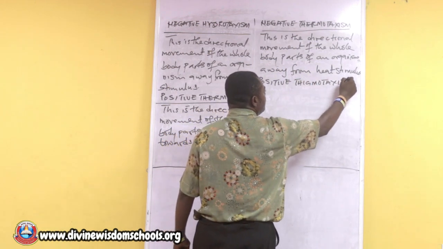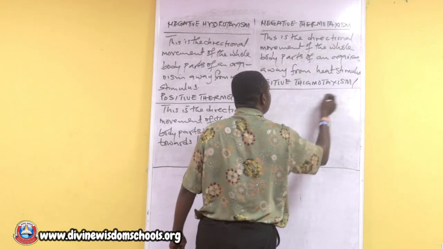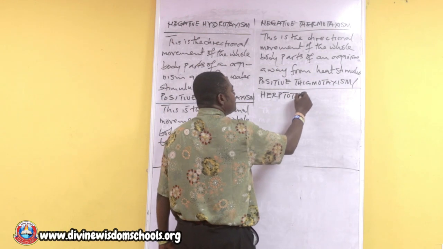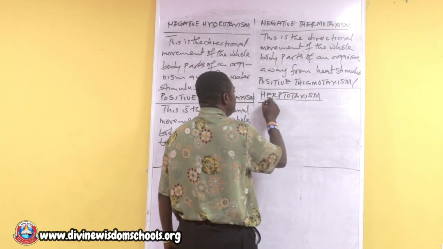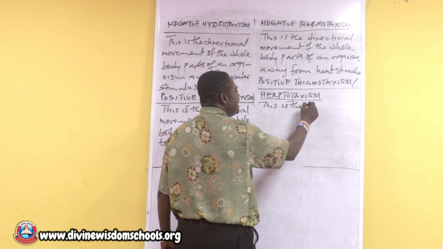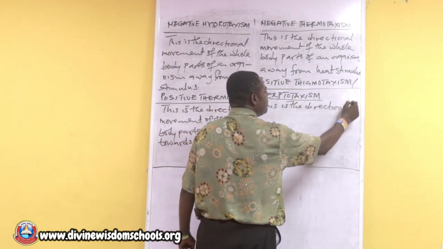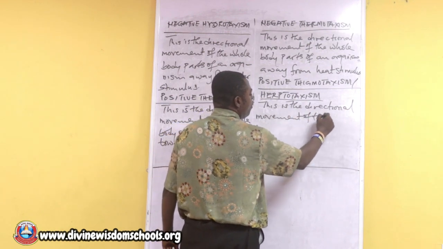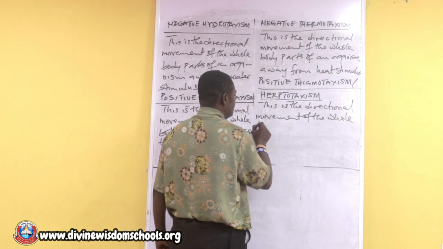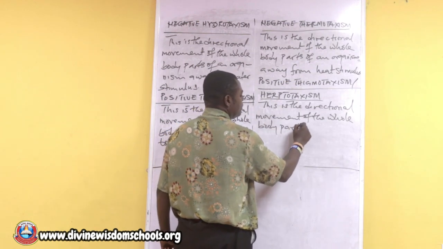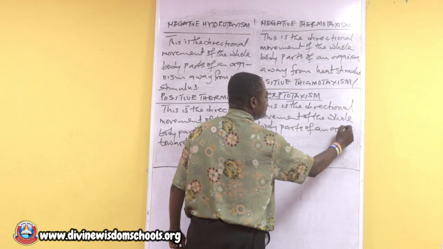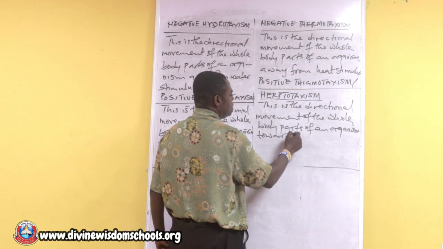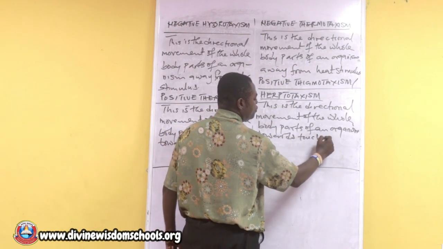Okay, then we still have positive haptotaxism, which you can also call tigmotaxism. This is the directional movement of the whole body parts of an organism towards touch stimulus.